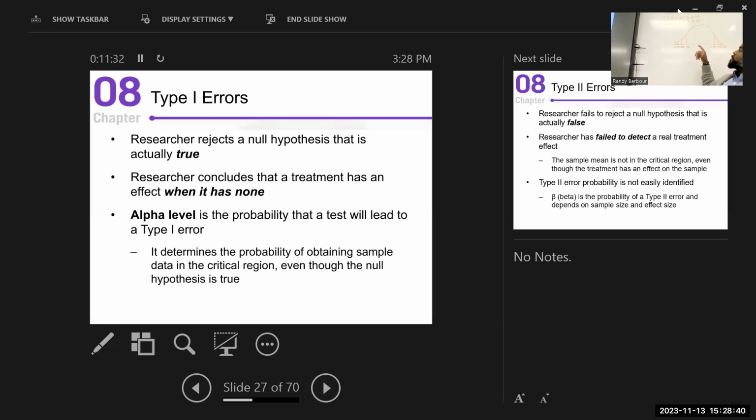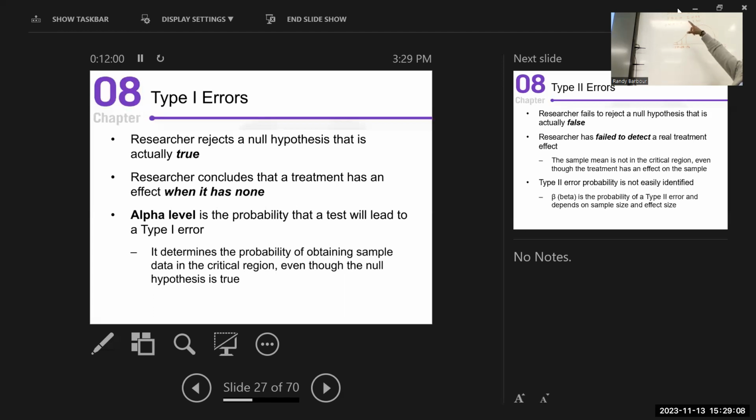When you reject the null hypothesis, we're saying that the values we get for our sample statistic are falling into these critical regions. When we decide to reject the null hypothesis because it falls in this critical region, but the null hypothesis is true, that is a type 1 error.